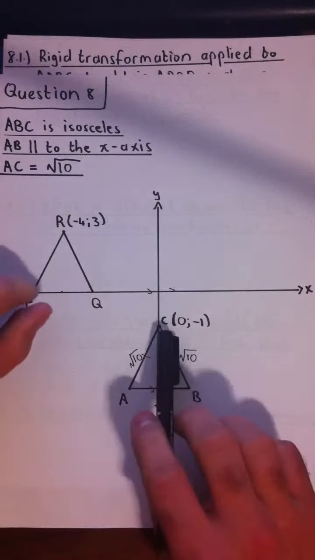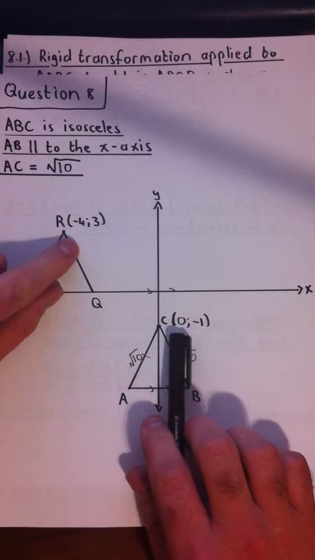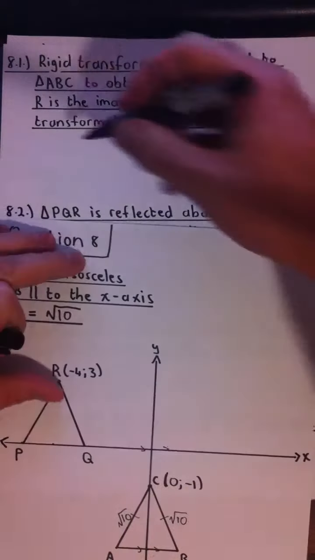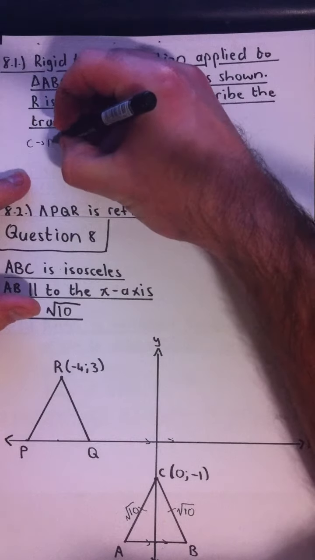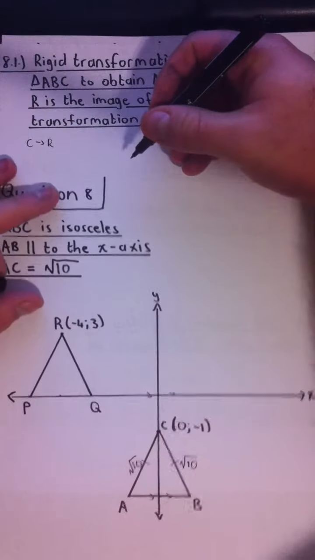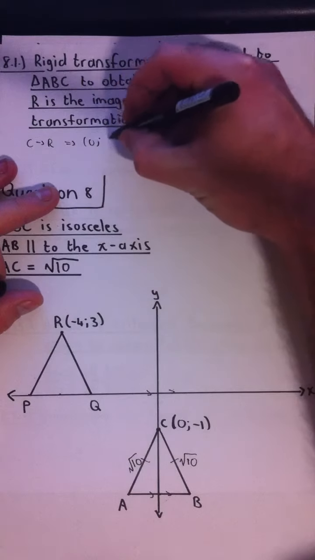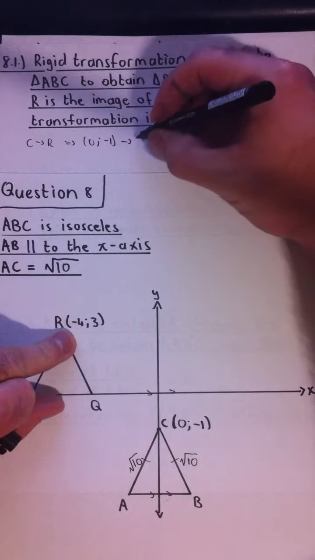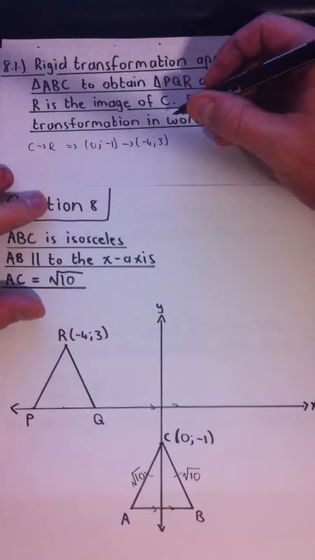So now we have point C and R that relate to each other. All we need to see is how much the x value has moved and how much the y value has moved. From C to R we had 0, negative 1 to negative 4, 3. So what does that mean?